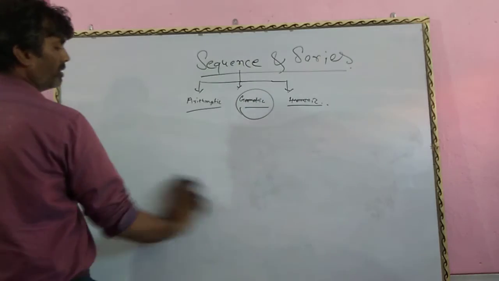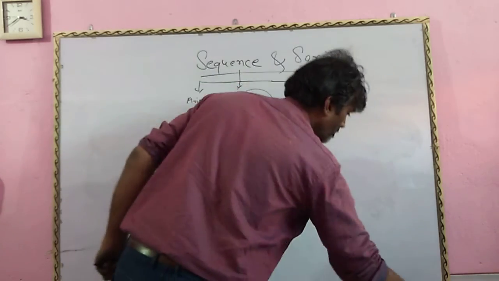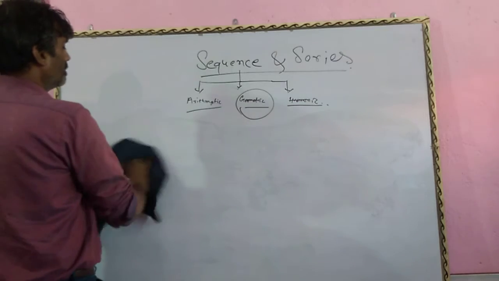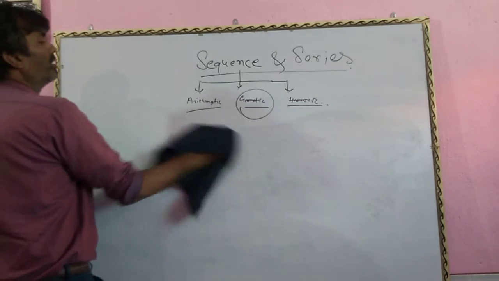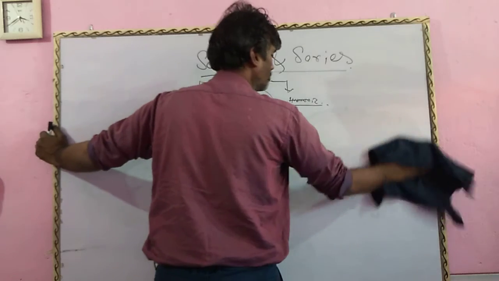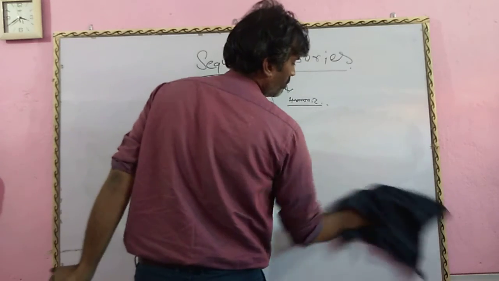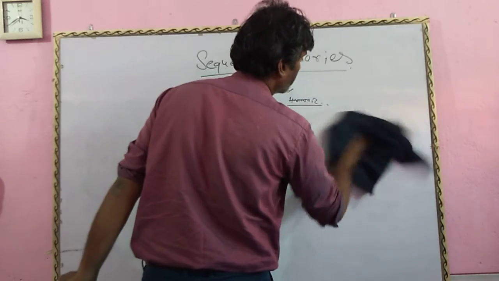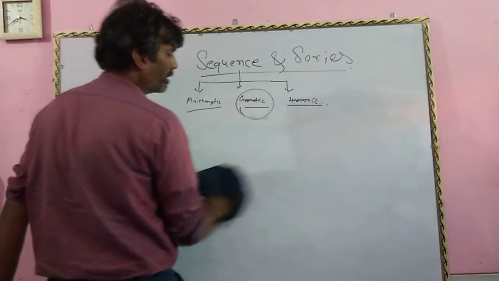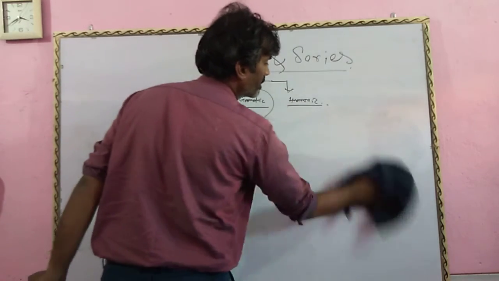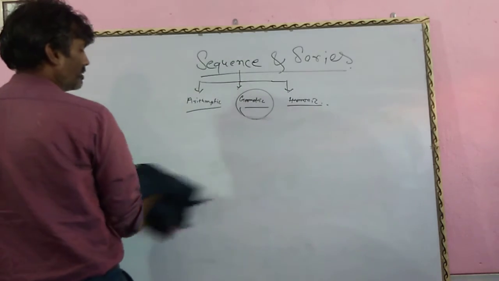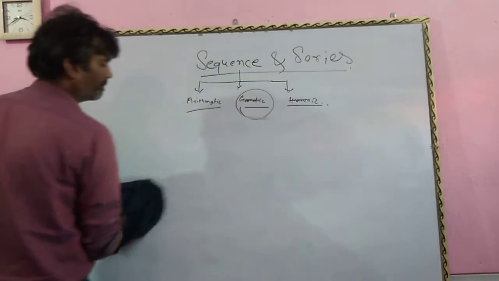Here, in the case of a geometric sequence, we get the next term by dividing or by multiplying the previous term with some fixed number, a fixed real number, any number.